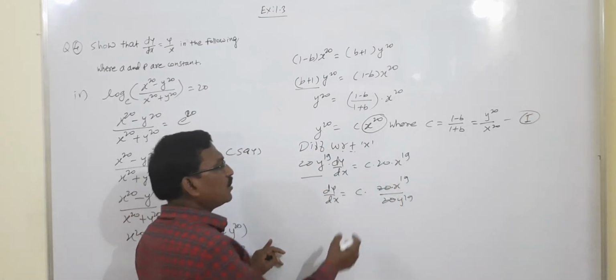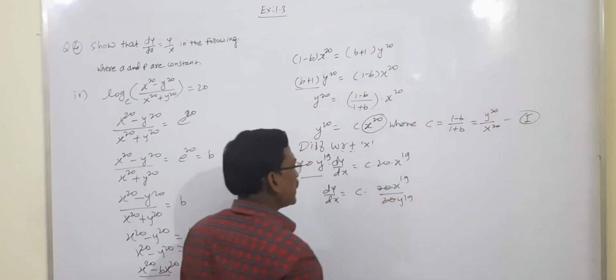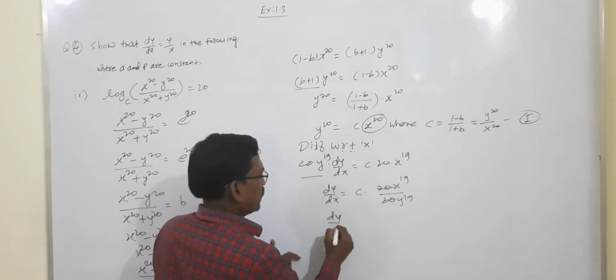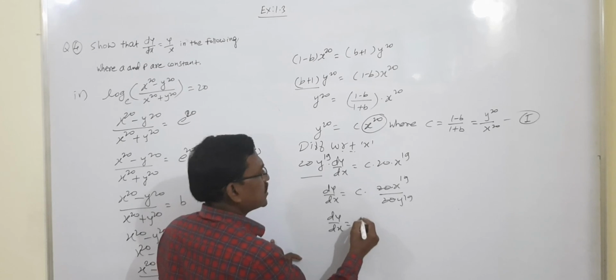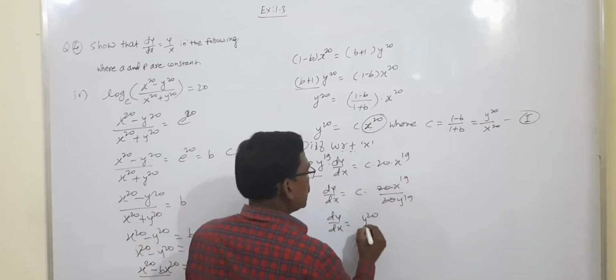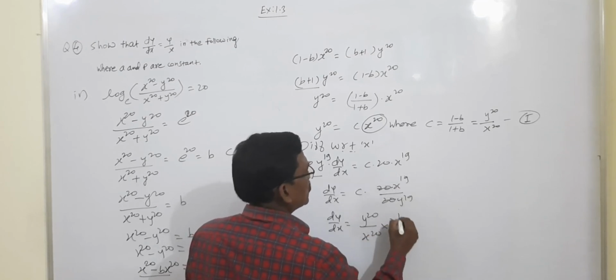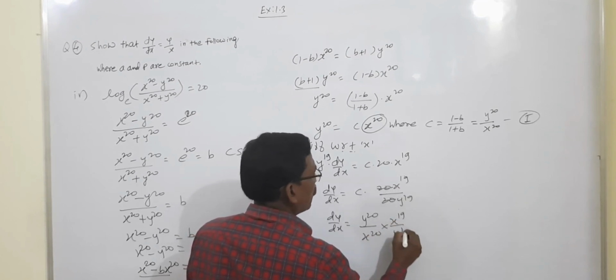Now from equation 1 we put the value of c here. c is y to the power 20 divided by x to the power 20. Therefore dy by dx equal to c, the value of constant c is y to the power 20 divided by x to the power 20 into x to the power 19 divided by y to the power 19.